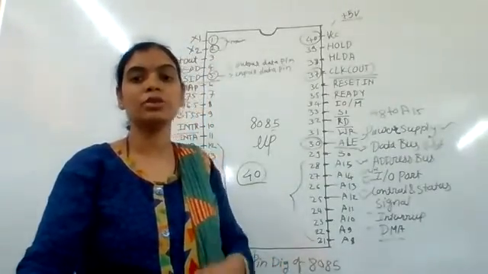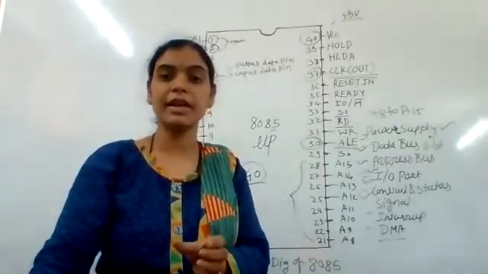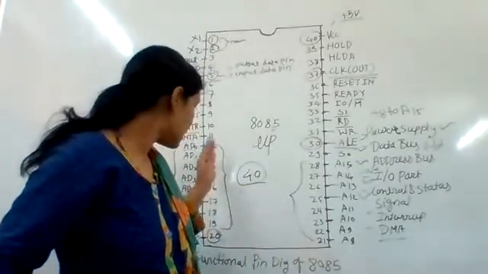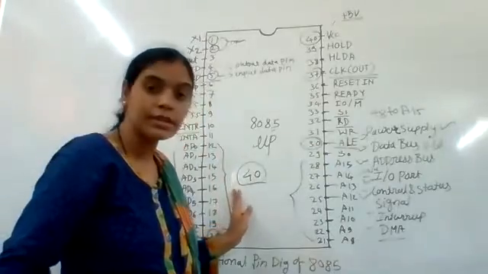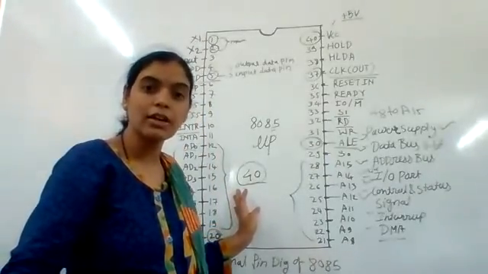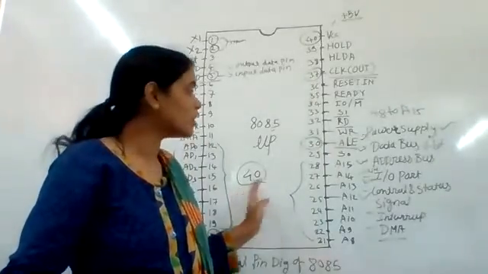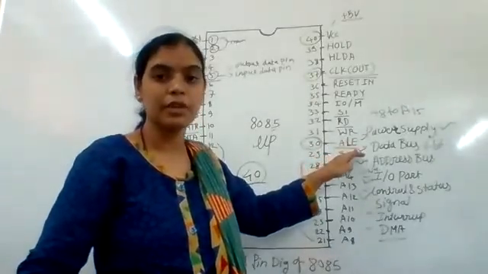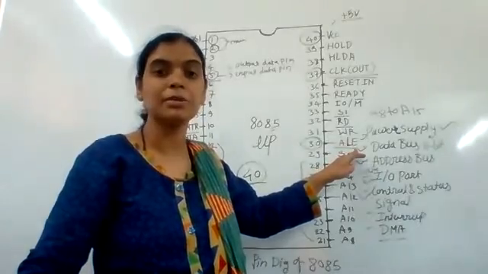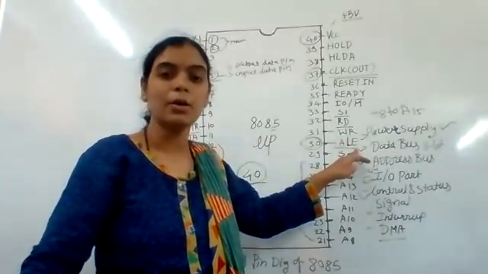We know the 8 lower-order bits of the 16-bit address are multiplexed with the 8-bit data bus. This pin gets enabled, and this is done through the ALE, at the time when the address is present on the multiplexed address and data bus.